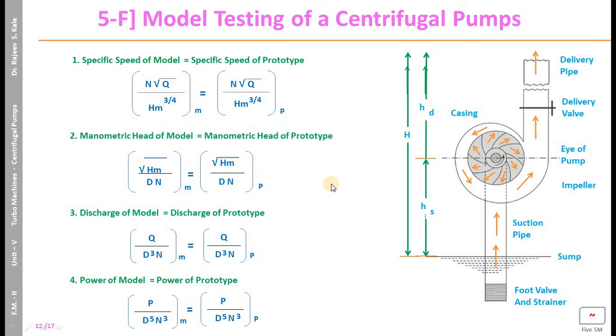So before manufacturing the actual large size pump, one can do the model testing of the prototype. This is the mathematical relation based on which you can test the prototype and then go for actual construction of the centrifugal pump.